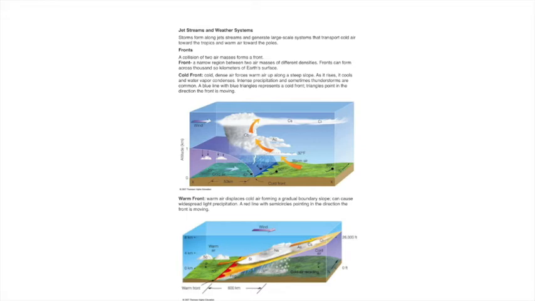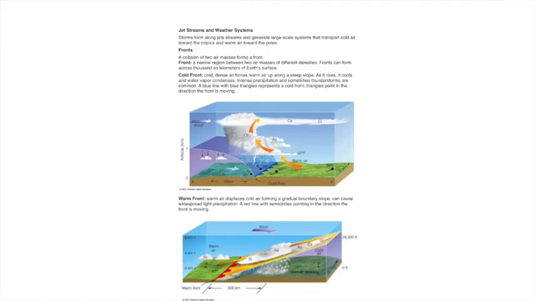And when air is rising up in altitude and it cools off, you can end up with lots of clouds for that reason. So you can have storms or weather systems that form along these areas under the jet stream.